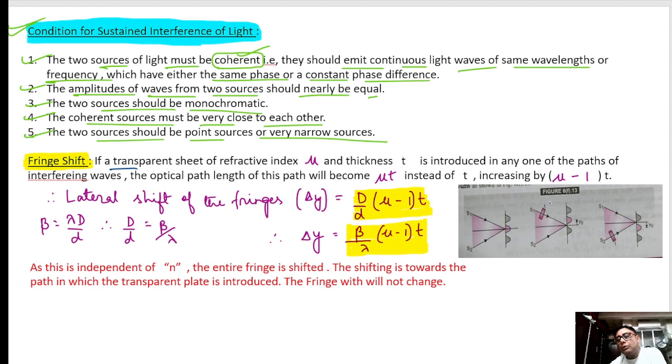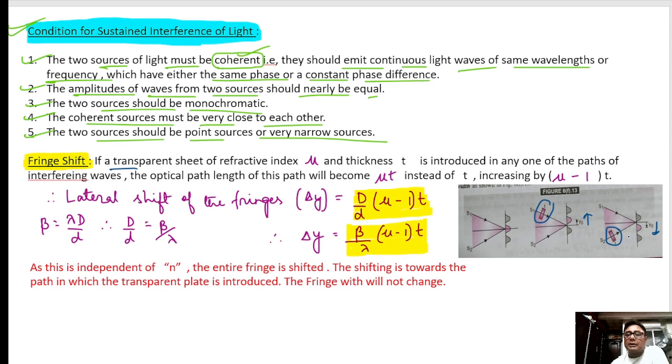Now if I introduce a glass plate of thickness t in any one path, if I introduce here, the bright band will shift upwards. If I introduce here, the bright band will shift downwards.